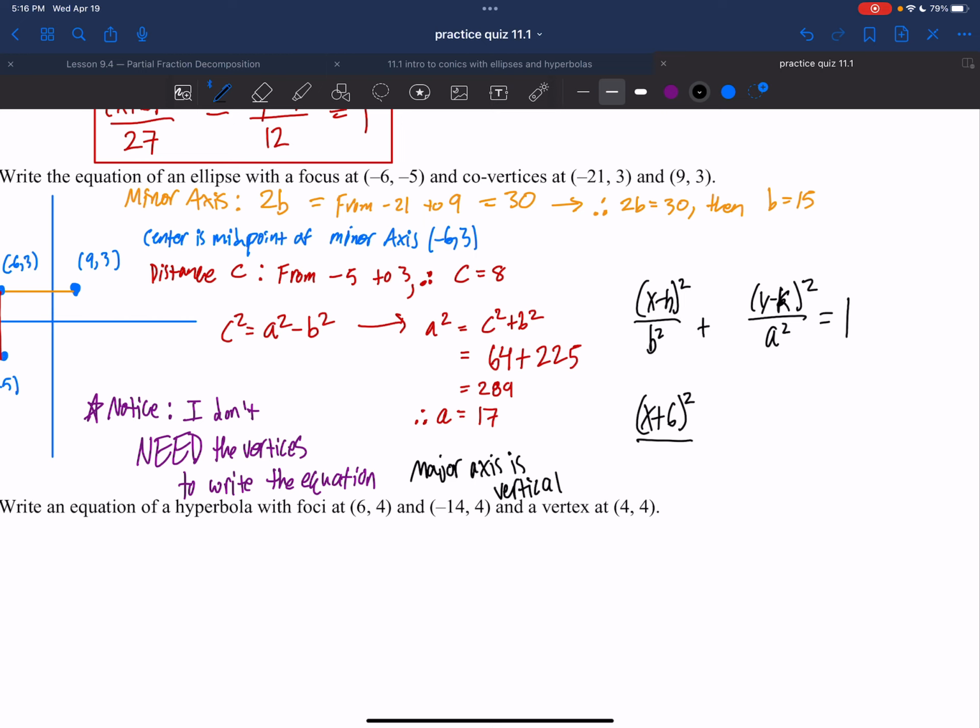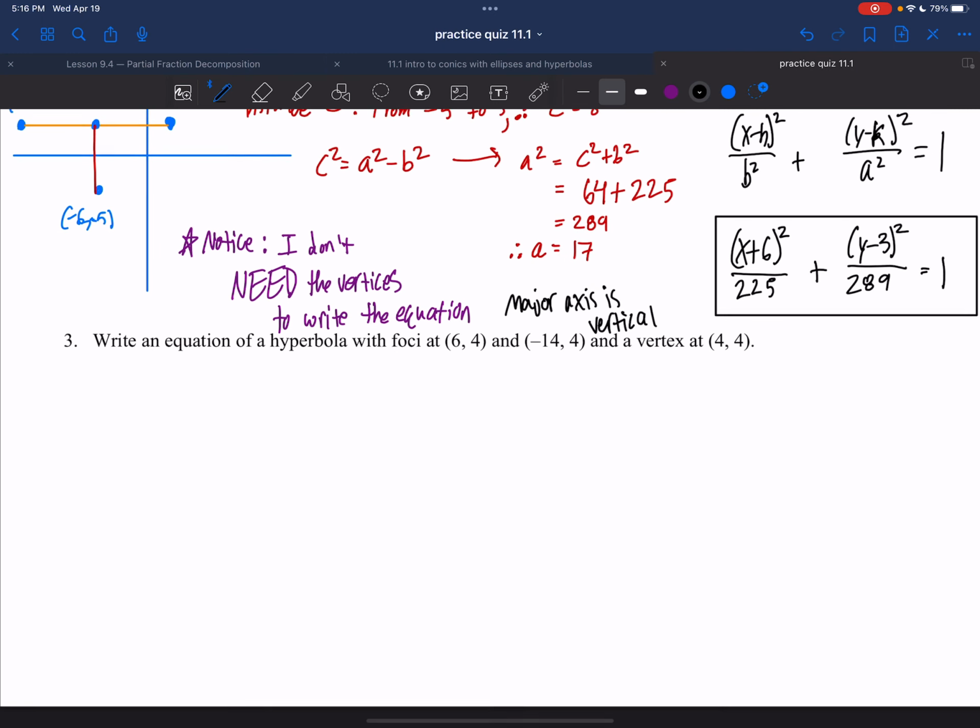B was 15, so that's 225, plus y minus 3 squared over the 17 squared, which is 289, and that equals 1. There it is. That's the equation of the ellipse.